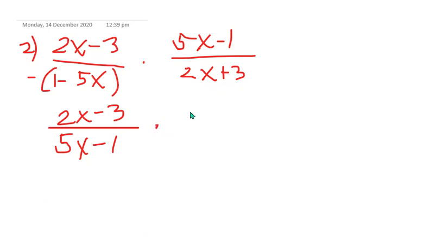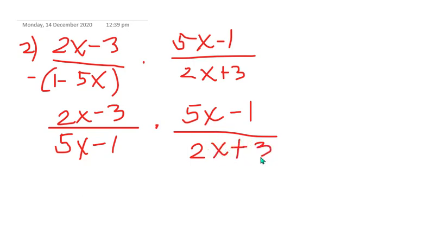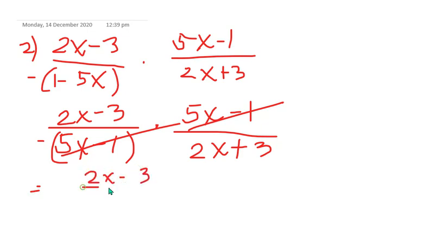Times 5x minus 1 over 2x plus 3. Okay? So this is negative, and therefore this is now equal to 2x minus 3 over 2x plus 3.